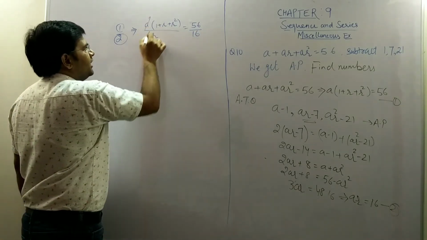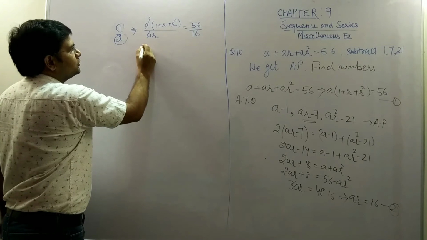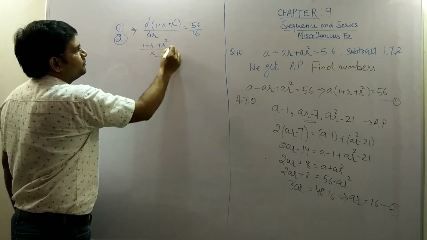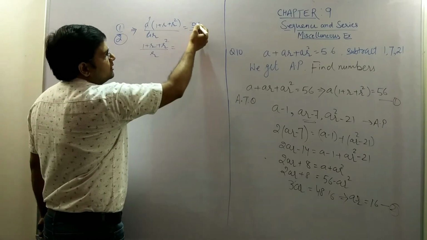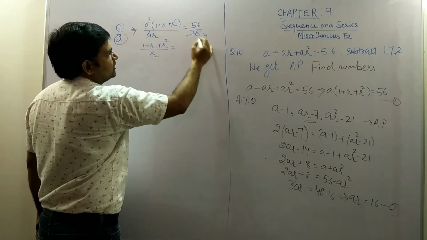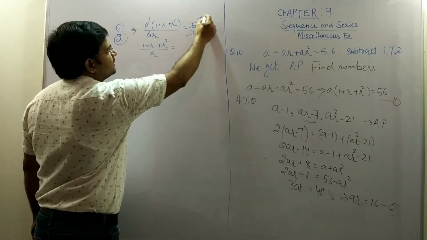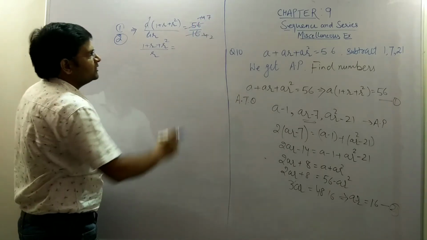Now this a will get cancelled. So this is (1 + r + r^2)/r, and now you can simplify this: 56 upon 16, 8 eights are 64, so this is 7 upon 2. You can now simplify this way.